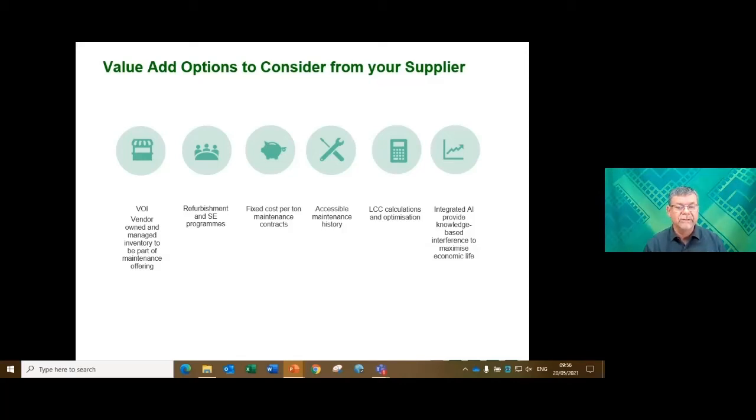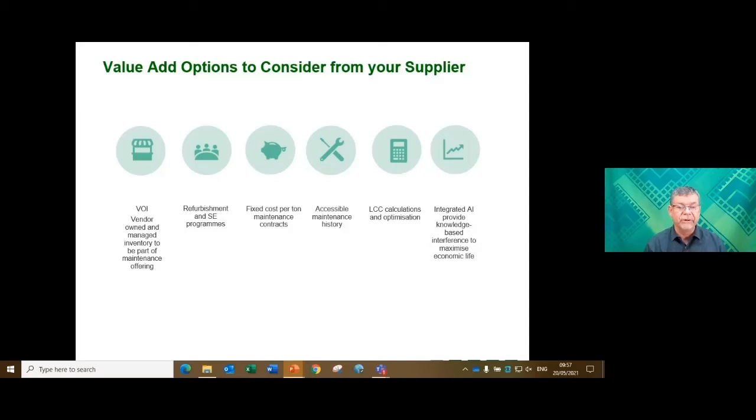It's needless to say, some of the mines spend a lot of money and there's a huge capital outlay to keep inventory on site, in order to try and minimize downtime where there are long lead times on items. Most of the more mature suppliers nowadays can provide you with that as part of their service, and there's obviously a huge cost advantage there.